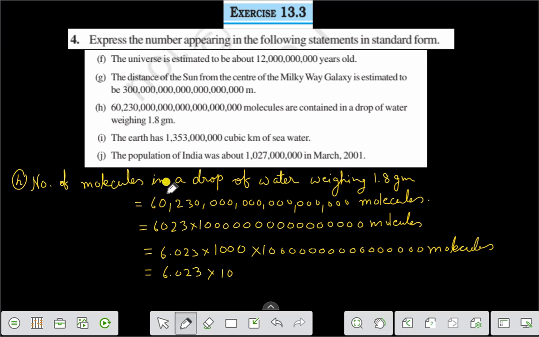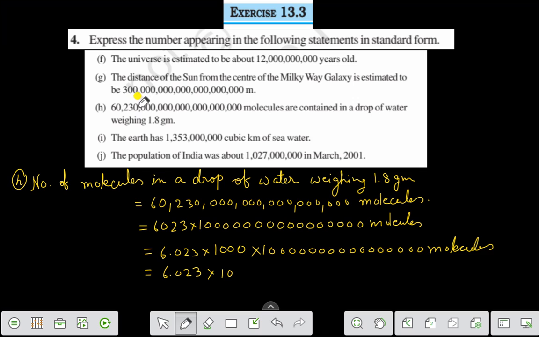How many zeros are there? Again you count.